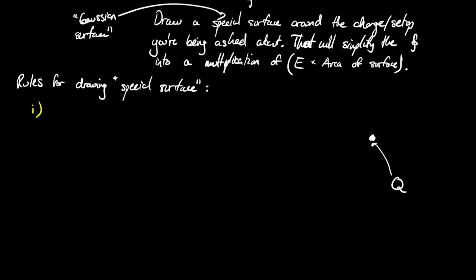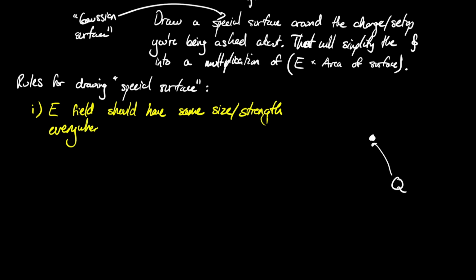Rule 1 is the electric field should have the same size, or strength, everywhere on the surface. So, for instance, we know the electric field points radially outwards, and it has the same strength at all radii. And by the way, this is a 3D problem.